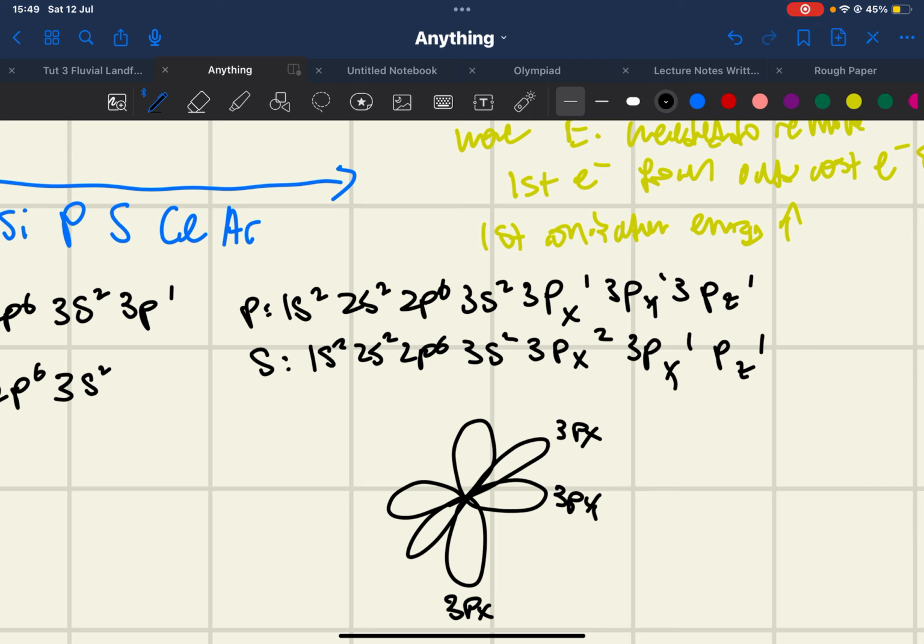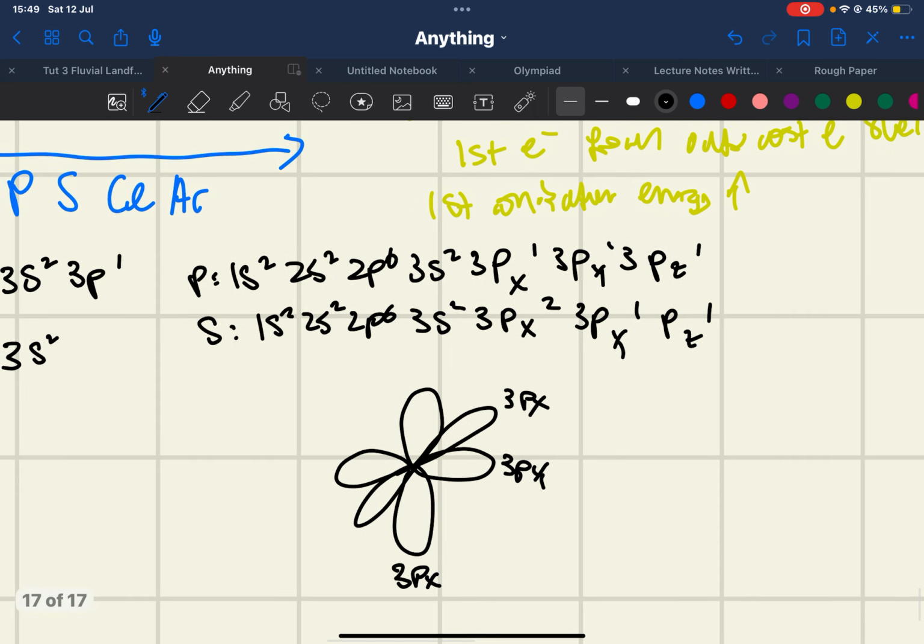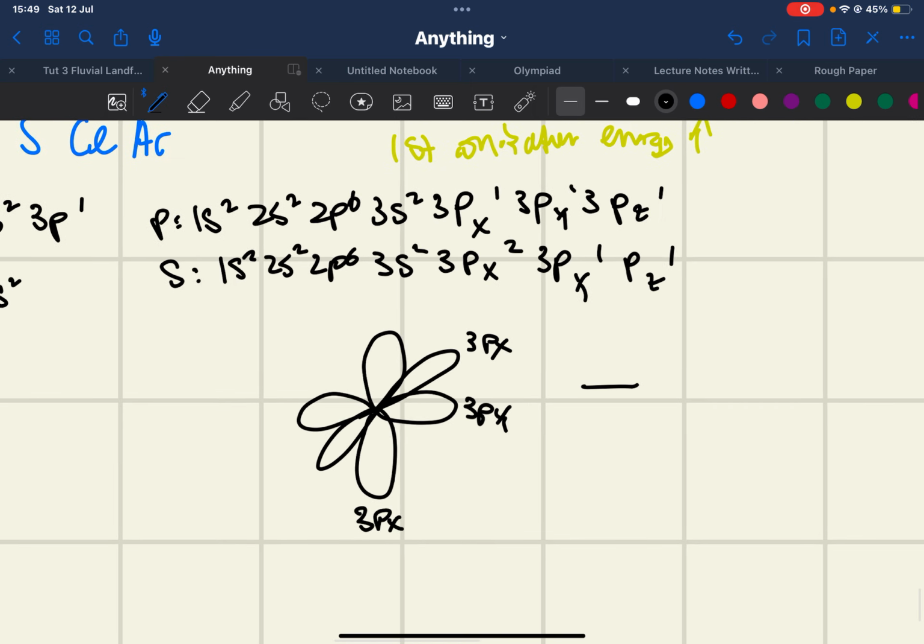So how it works is that remember when you fill up the orbitals, you have to fill up first, right? I have 3, so I have to fill up like that, on the first side, then I have to fill the bottom one. Okay, what happens is that this X, for example, has already 1 electron. Y has 1 electron.